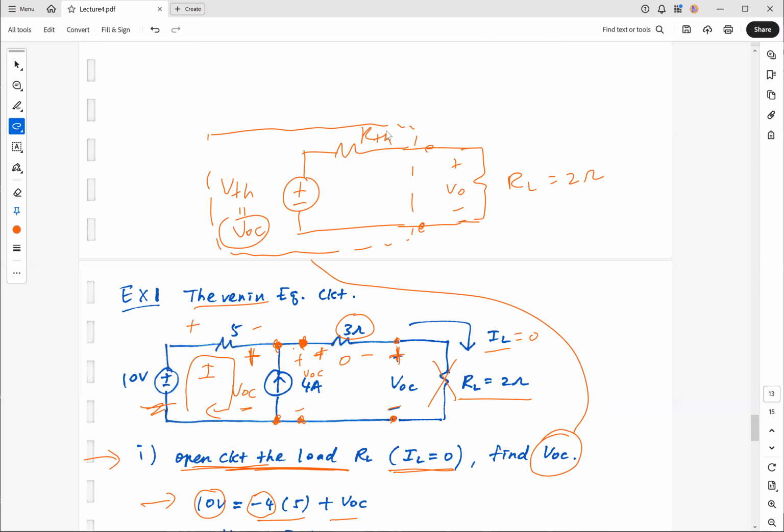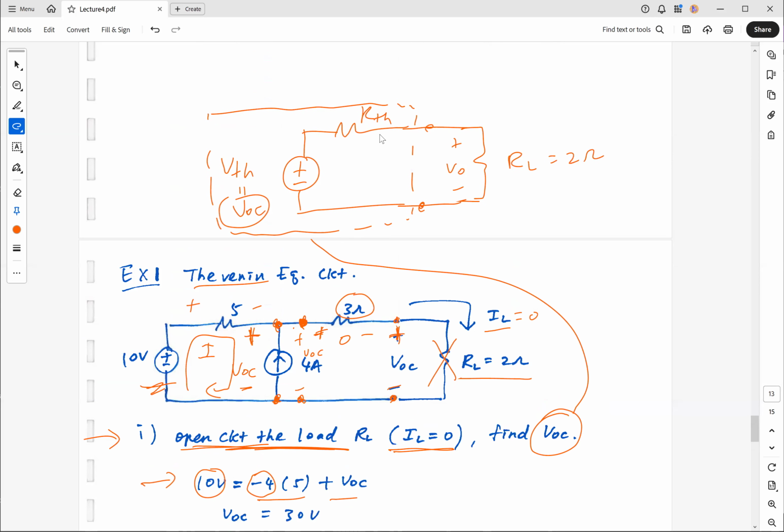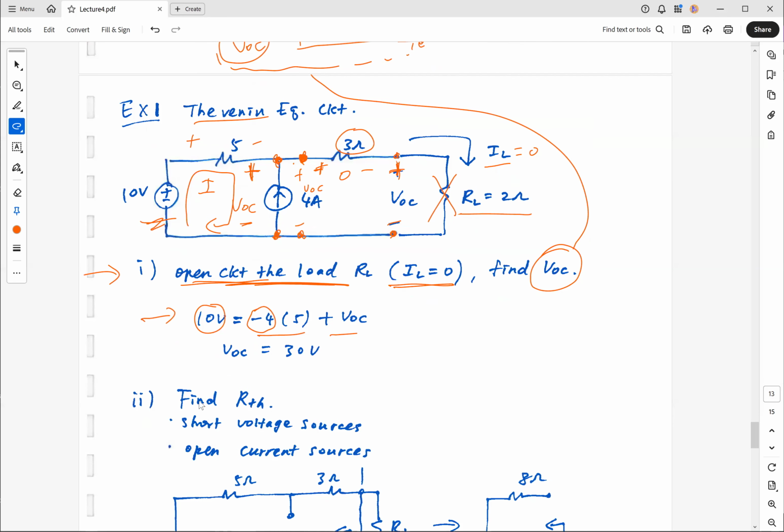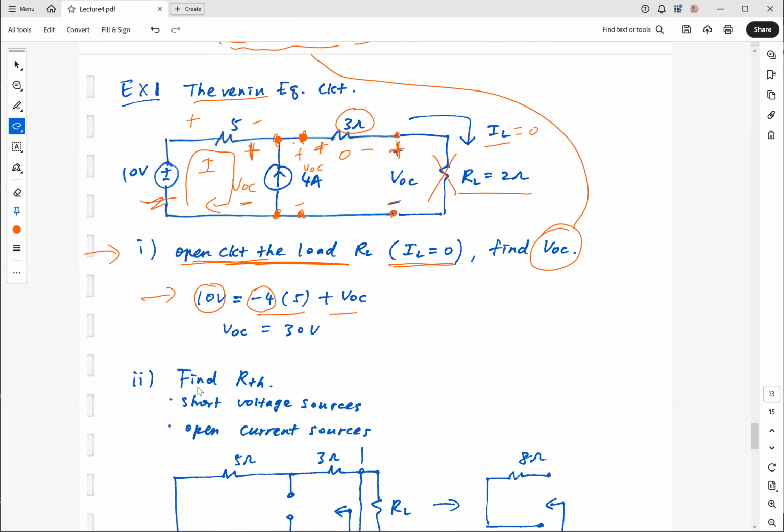RTH is the Thevenin resistance, and to find it, you need to deactivate all the sources. We have a voltage source and a current source.